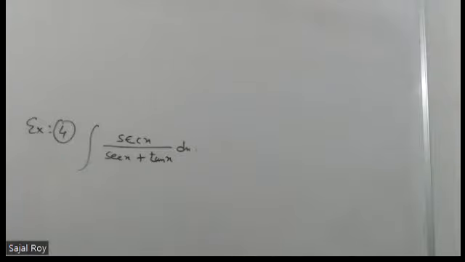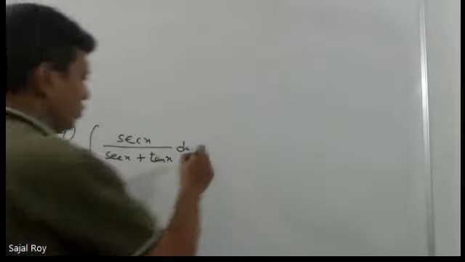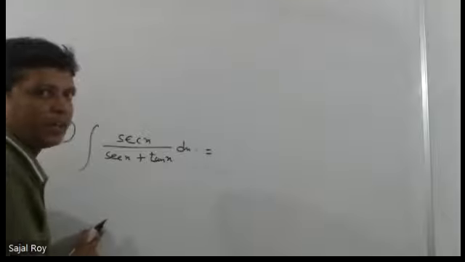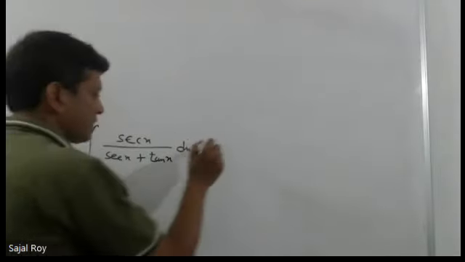So there are two ways actually for solving this problem. Either you can multiply the numerator and denominator by sec x minus tan x.